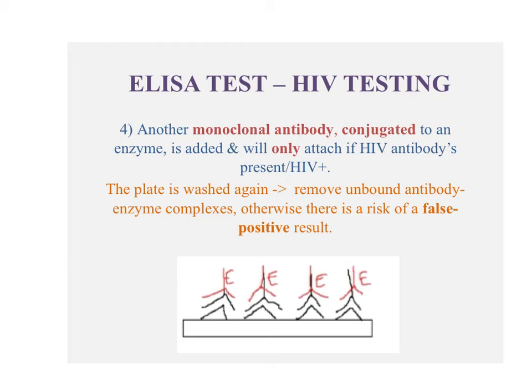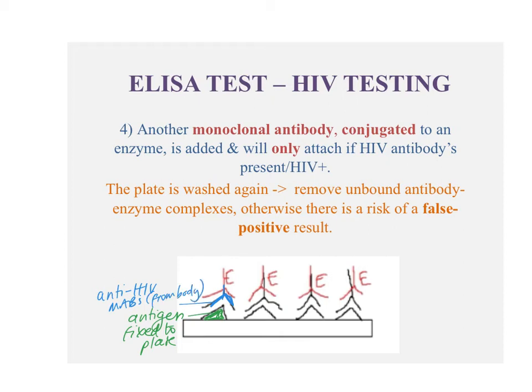Now carrying on, I'm then going to add a second monoclonal antibody. So if I colour in my picture very quickly, just on this left example, I've got the antigen that is fixed to the plate. I've then got the monoclonal antibodies that I've made, so I'm just going to put anti-HIV MABs from body.